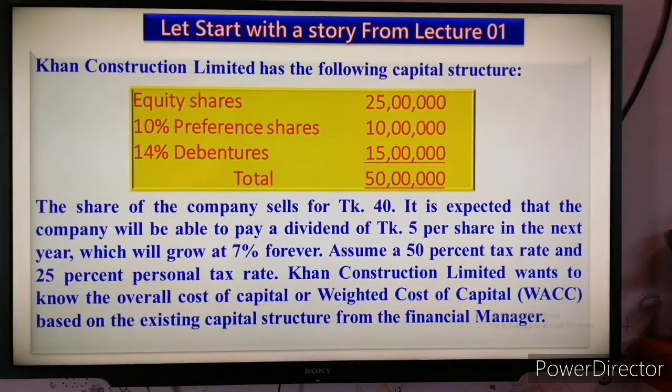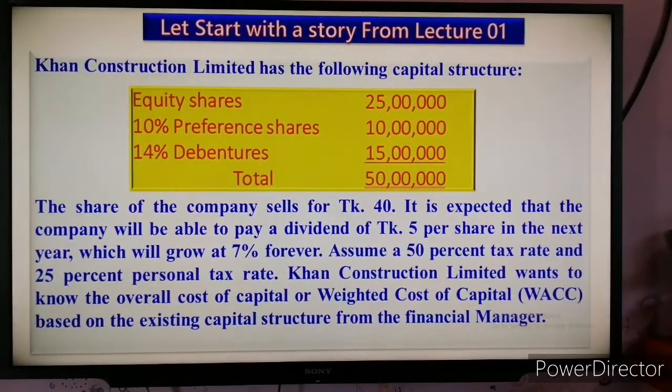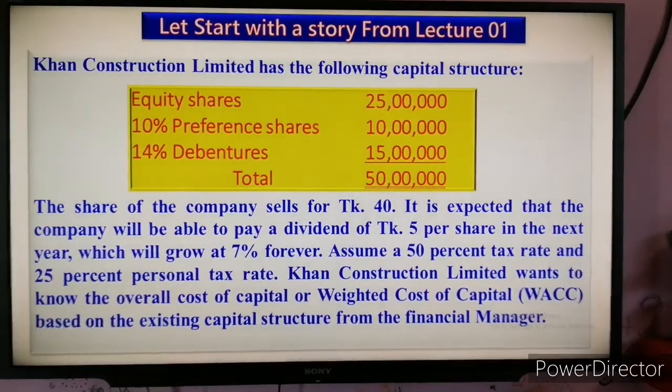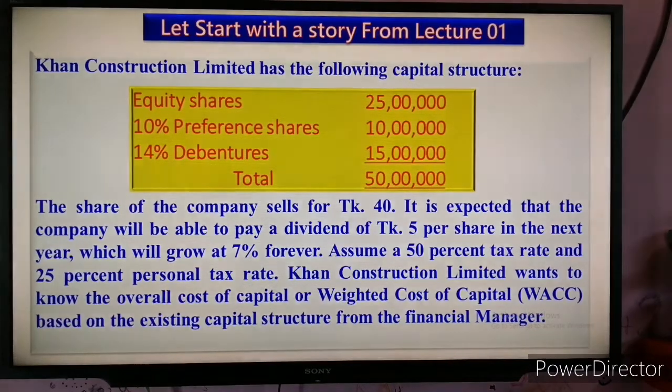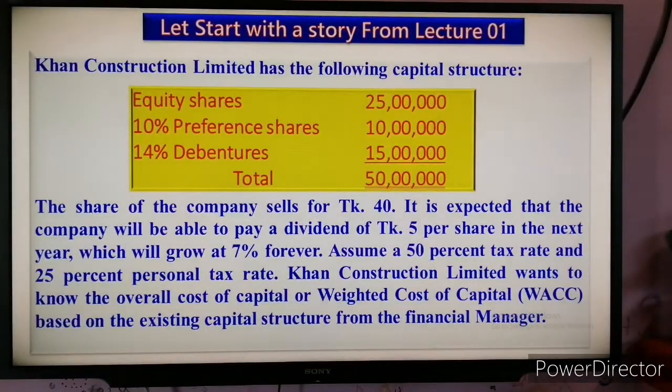Remember, my dear student, now you are a financial manager of a company. You have to answer your boss by calculation of WACC. You have the capital structure which has 3 sources. This may be the optimum capital structure of the company, Khan Construction. The share of the company sells for taka 40.